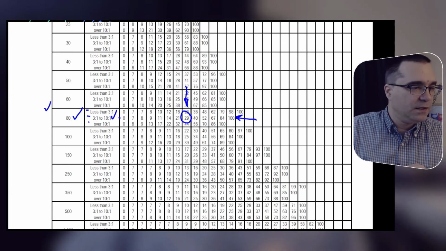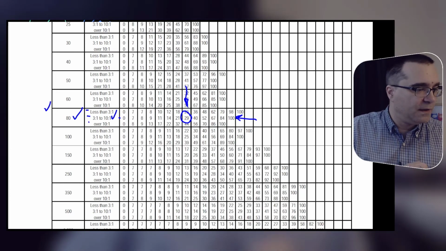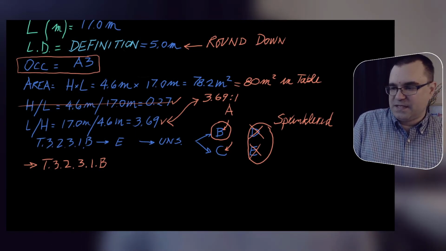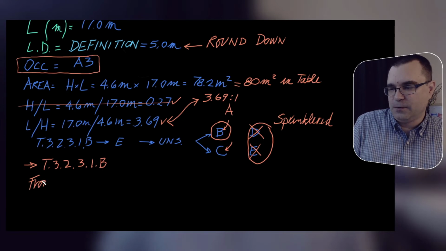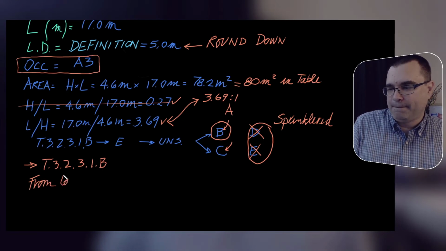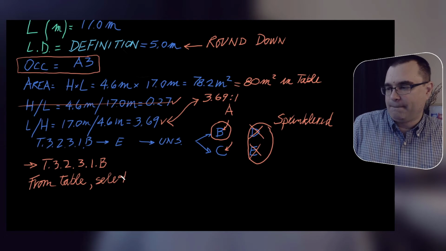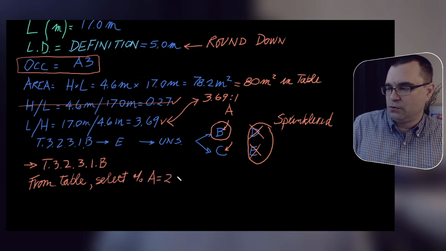Let's go back, write this up. So now from this table, select percentage area equals 29.